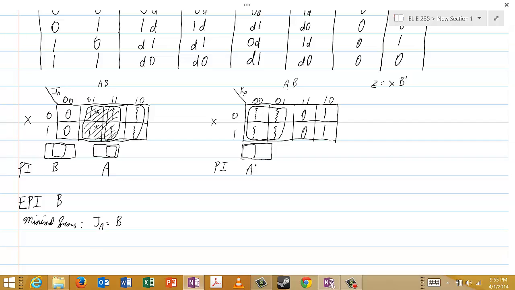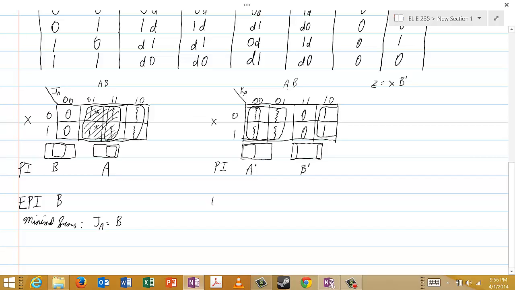And there is another rectangular grouping of 4 one cells, which is these two and these two. And the name of that will be B prime. And there are no more prime implicants.